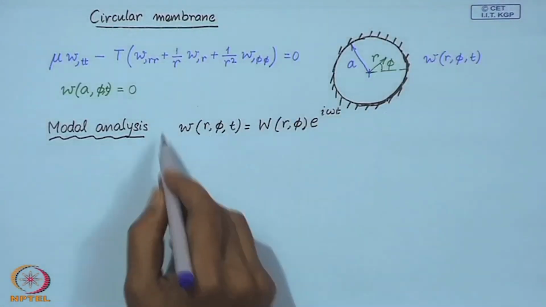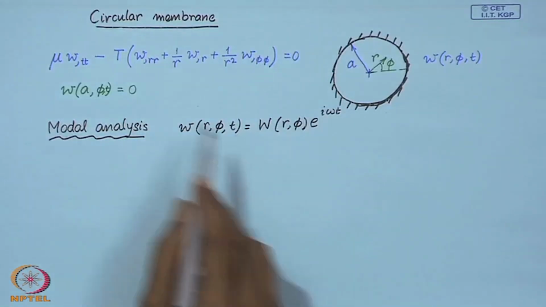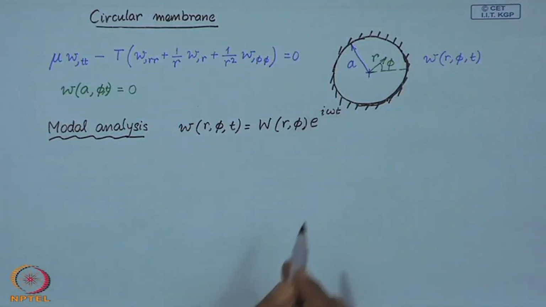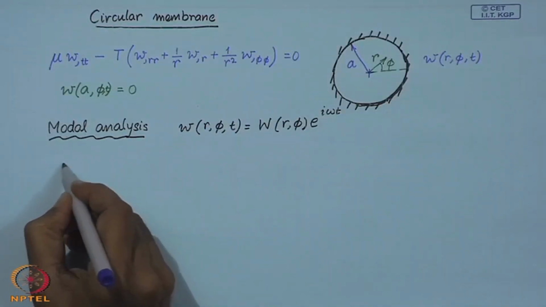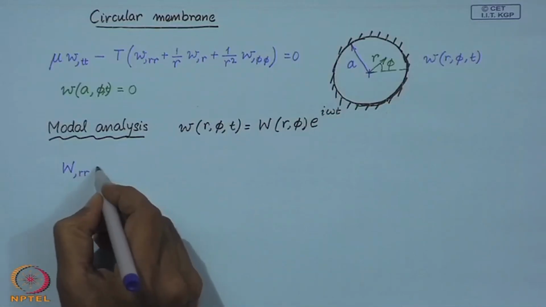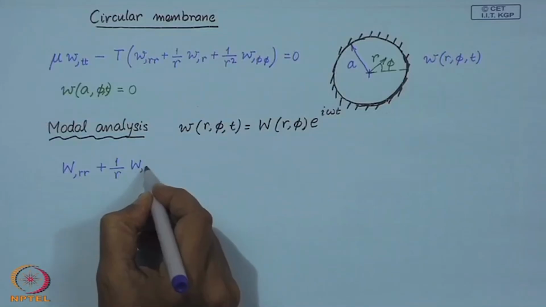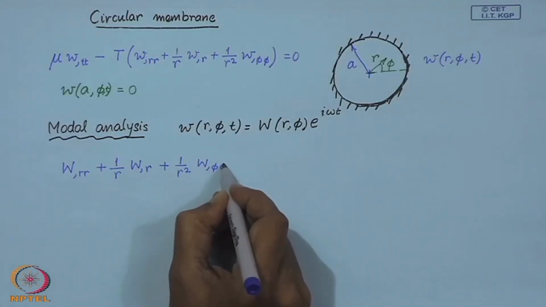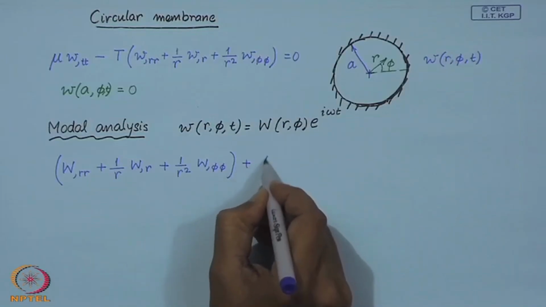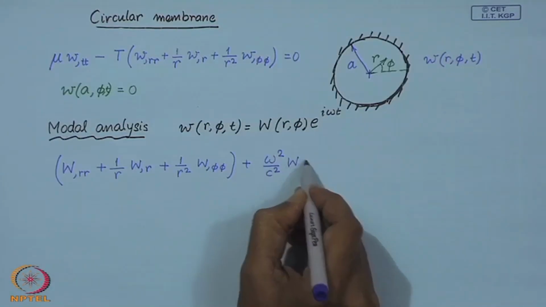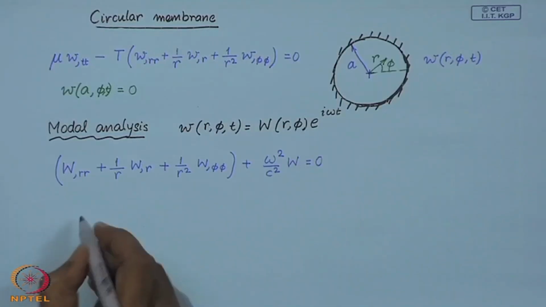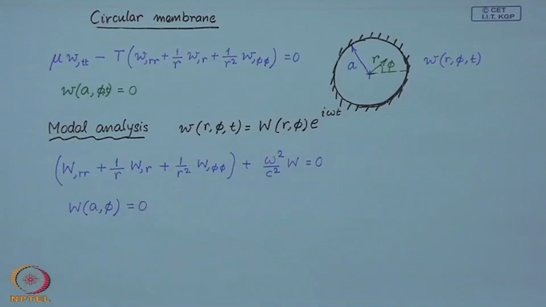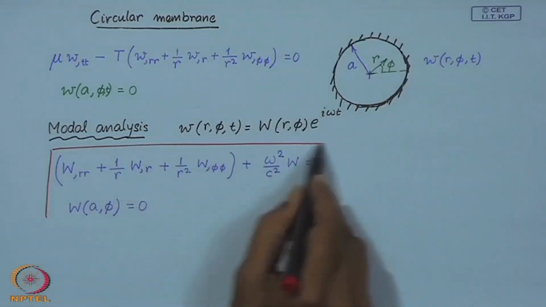If I substitute this solution in the equation of motion and in the boundary condition, and I do a rearrangement by removing this exponential e to the i omega t, this along with the boundary condition defines our eigenvalue problem.